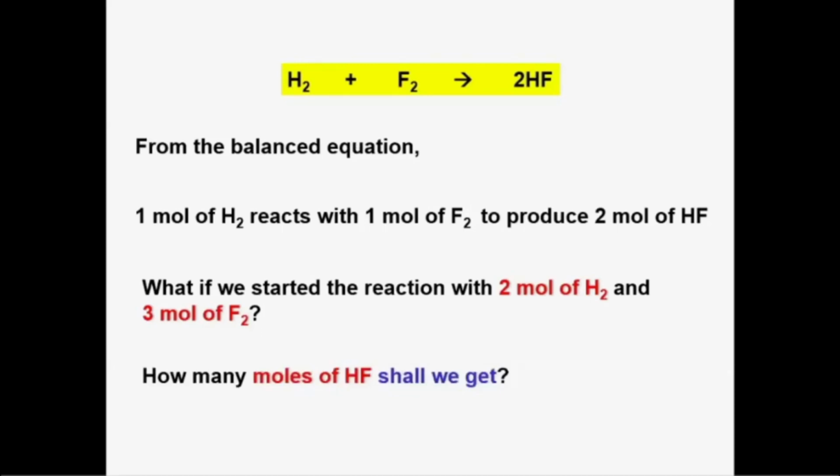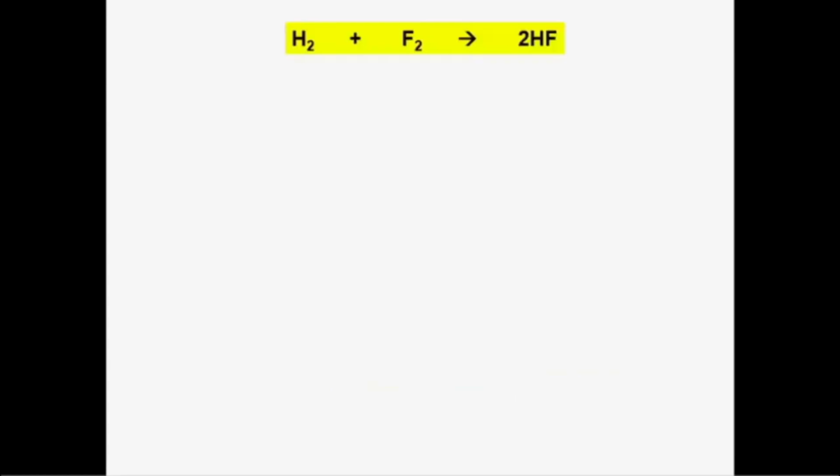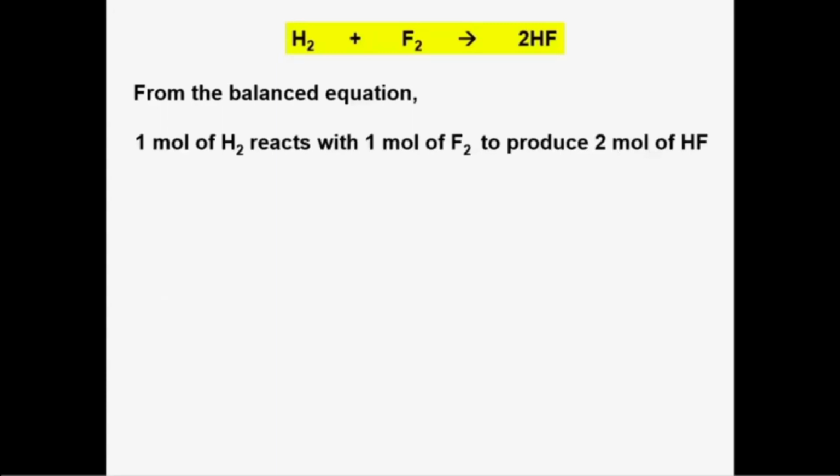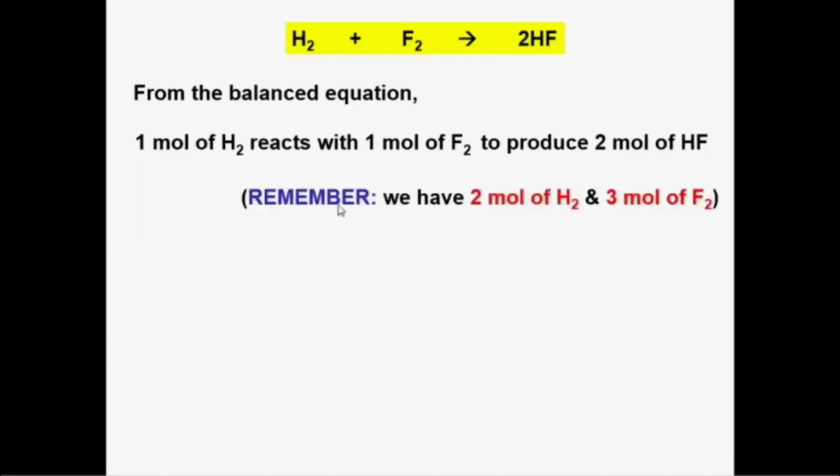Right, so now let's look at how to solve this problem. From this balanced equation, we know that 1 mole of hydrogen reacts with 1 mole of fluorine to produce 2 moles of hydrogen fluoride. But we started the reaction with 2 moles of hydrogen and 3 moles of fluorine.